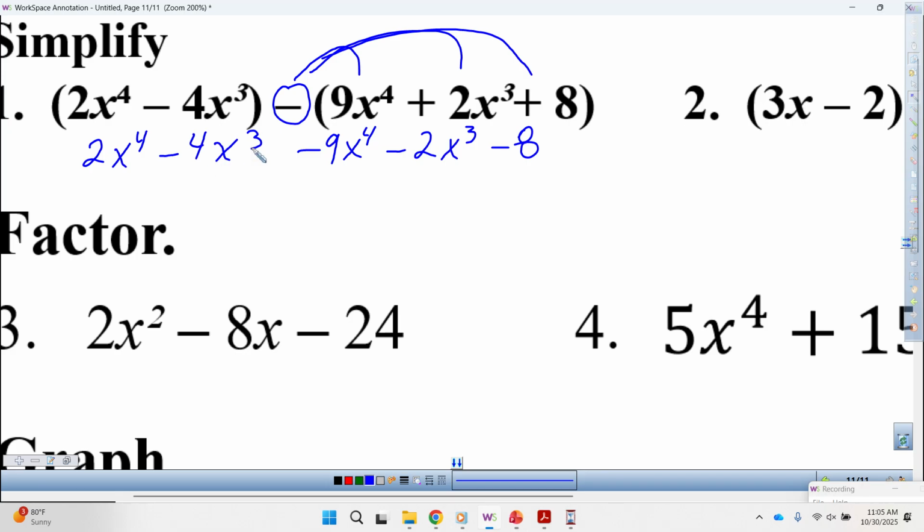Continue, Gio. What do I do from there? He said you combine 2x to the 4th and minus 9x to the 4th, and that gives us what, Gio? Negative 7x to the 4th. What do I do next?